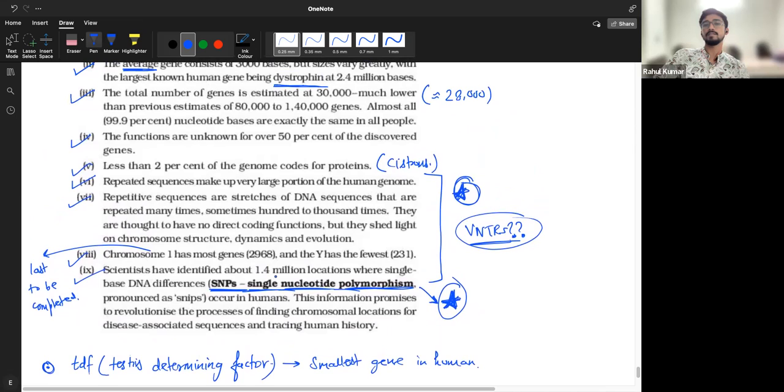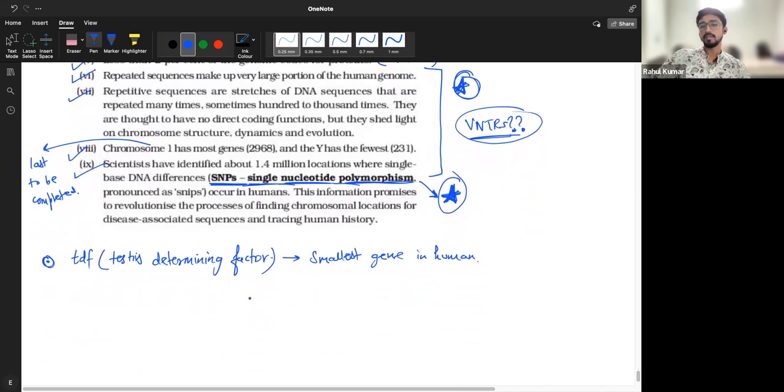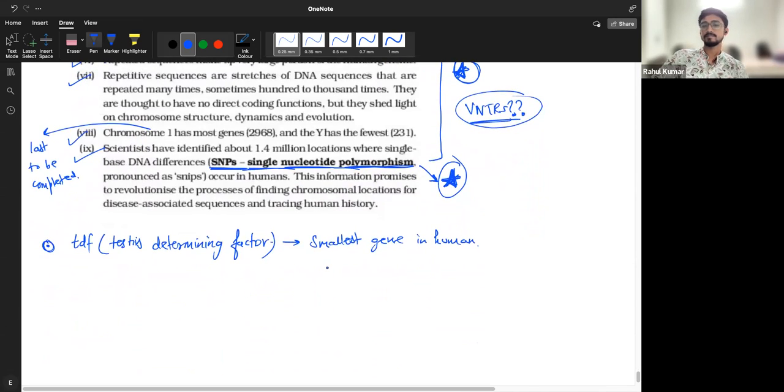Yeah, 'very' is not a quantitative term. 2.4 million is a definitive number. 2.4 million base pairs is the biggest gene. So how small do you think is the smallest gene? It is just 14 base pairs. So 14 base pairs define testes.